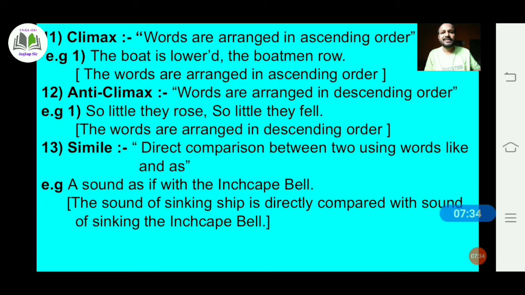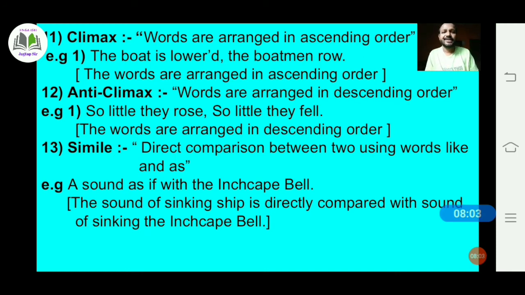Now poetic device number 12, that is anticlimax, and it is exactly the opposite of climax. So what is anticlimax? Where the words are arranged in descending order, from top to bottom. See the example. So little they rose, so little they fell. Here the words are arranged in descending order. That is why it is an example of anticlimax.